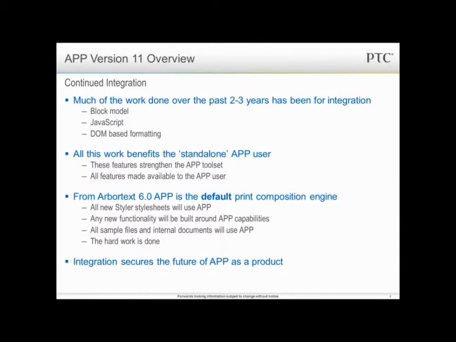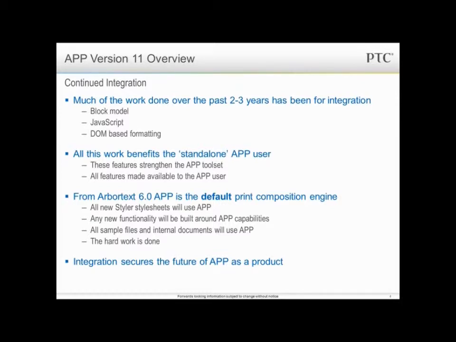So all of this work that we've been doing, I think, has benefited the standalone product pretty well. There are some new features which have gone into APP standalone, which I think have greatly enhanced the product. Things like adding JavaScript. The block model has completely revolutionized the way I build templates for myself, and a lot of the DOM-based formatting and the XML features which have gone in have also changed the way I build templates quite considerably.